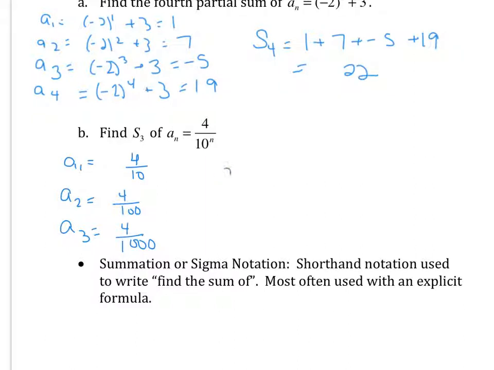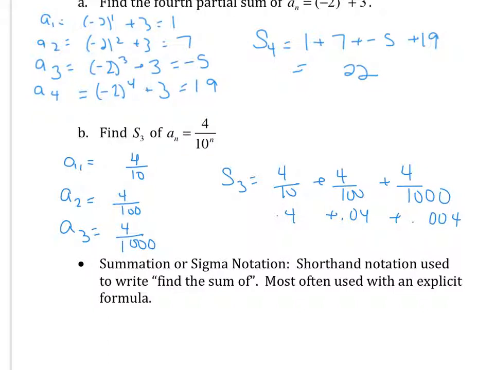And when I sum these, 4 over 10 plus 4 over 100 plus 4 over 1,000. Now if you wrote these in decimals, it'd be pretty easy to see what the answer is. So this would be equal to 0.444, or 444 over 1,000.